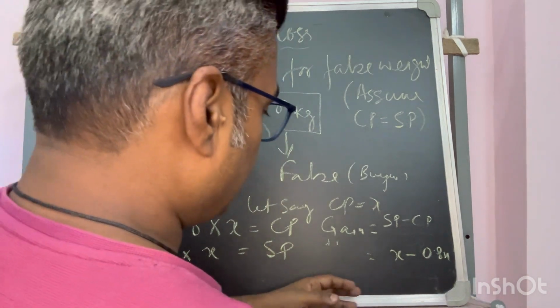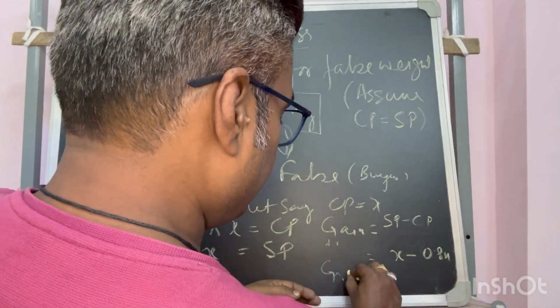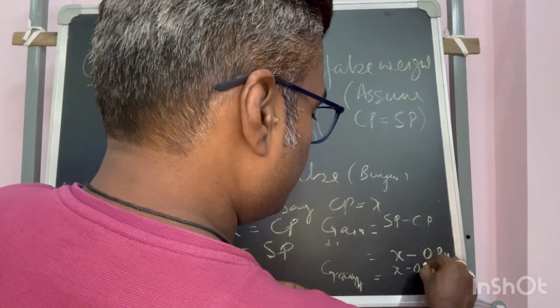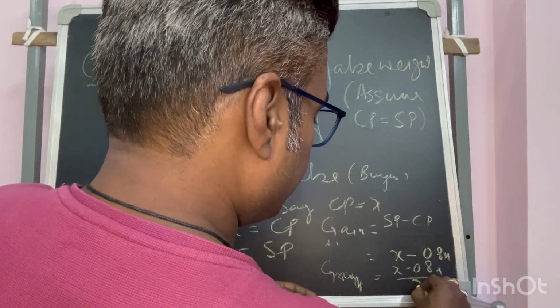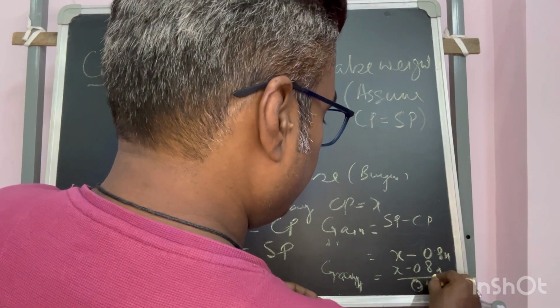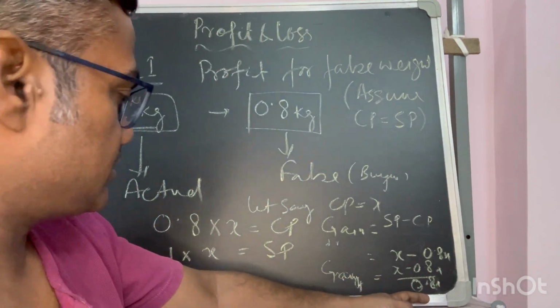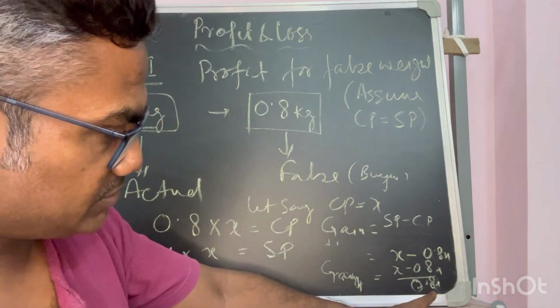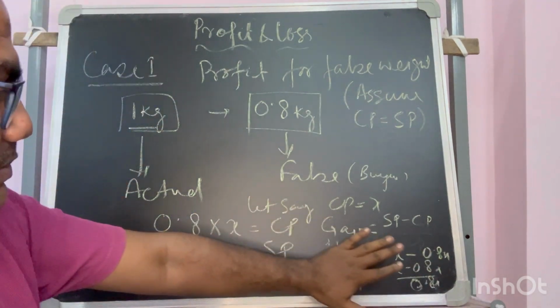Okay, and the gain fraction will be (X minus 0.8X) by 0.8X. Why 0.8X? Because we take the CP as the reference. So CP is 0.8 into X. So this is a practical example.